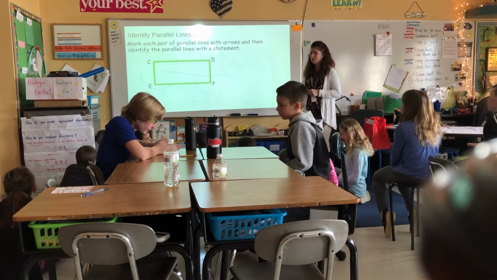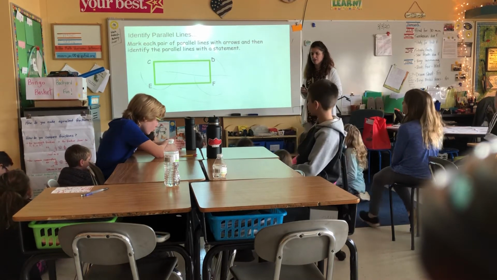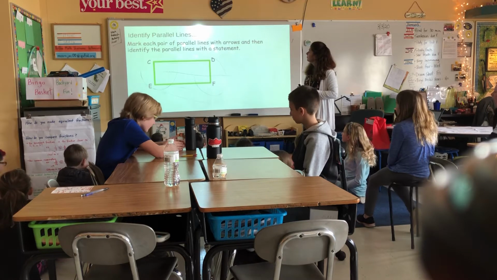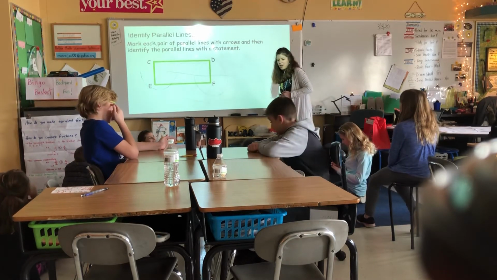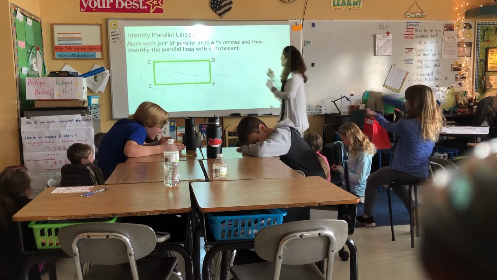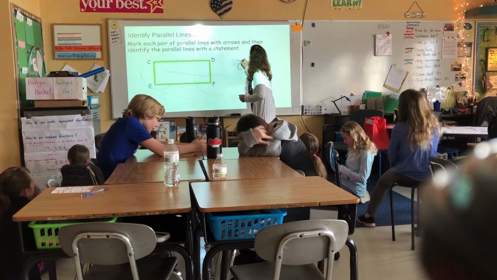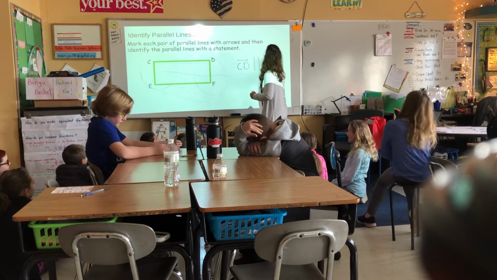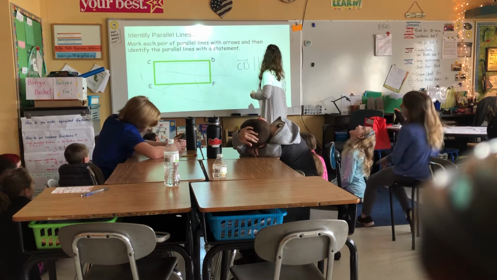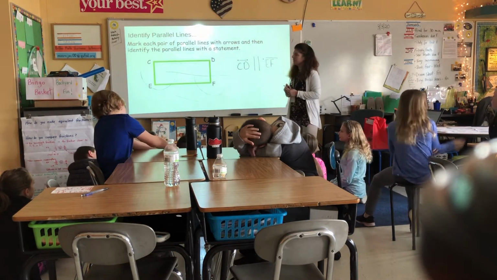So in this example, does everyone see the two sets of parallel lines? I'll help with the first one. We can say that CD, that's a line segment, right, is parallel to line segment EF. What's another example?